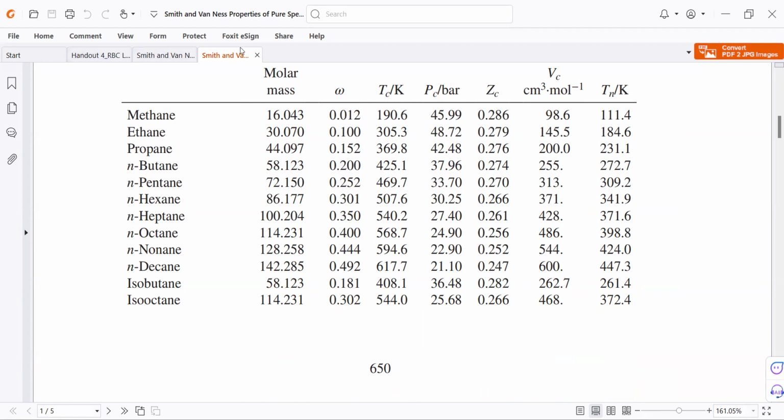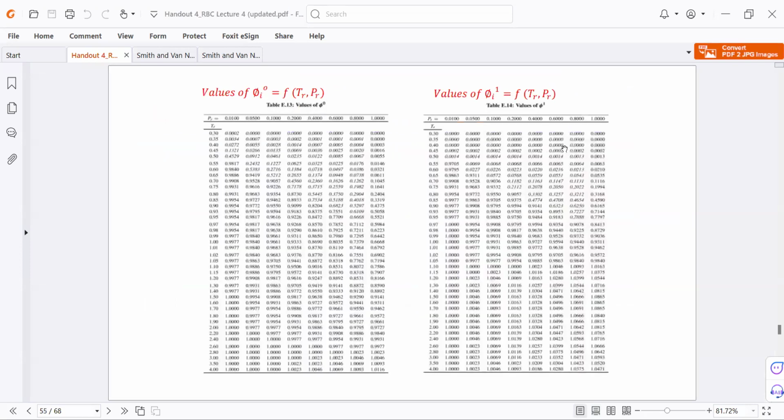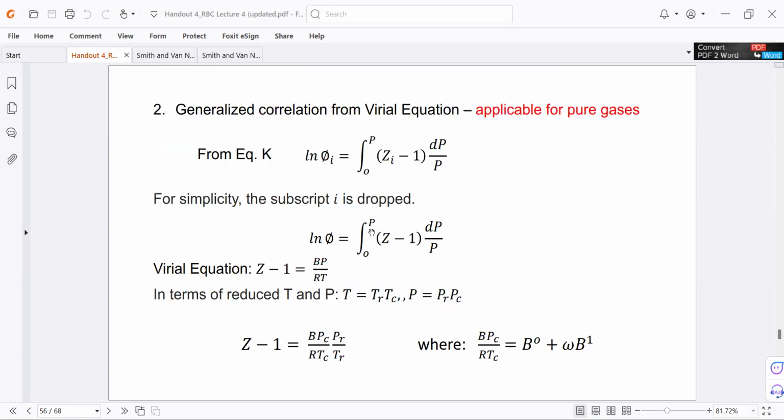Okay, so I hope you still remember how to do that. All right, so this is a screenshot of the Lee-Kesler correlation tables.